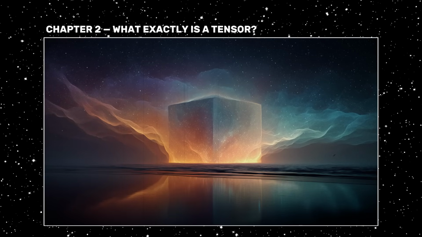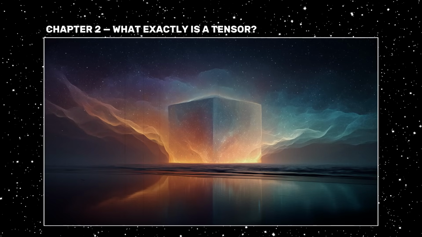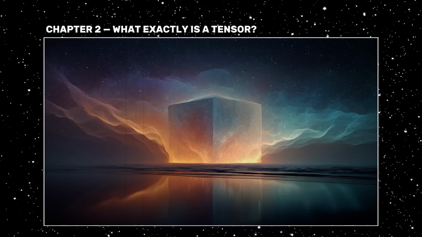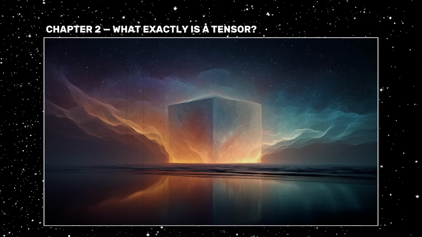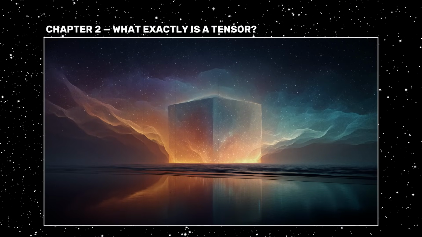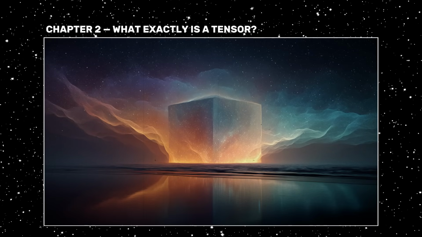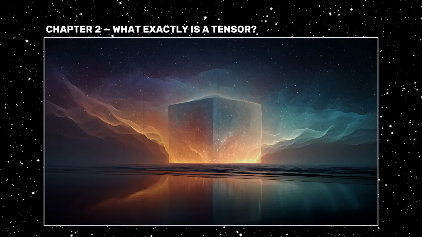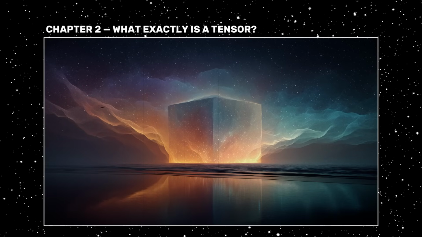To understand what a tensor is, we must step back and consider why such a concept exists at all. The heart of the matter lies in describing physical reality in a way that does not depend on the viewpoint of the observer. Nature does not change its rules because you decide to rotate your coordinate system or to measure distances in feet rather than meters.